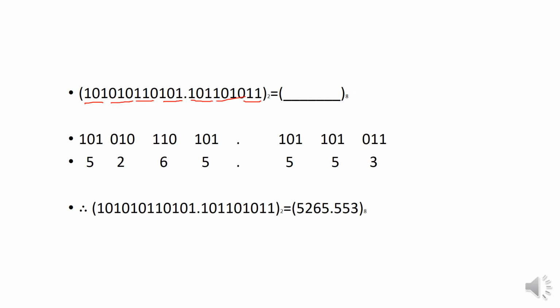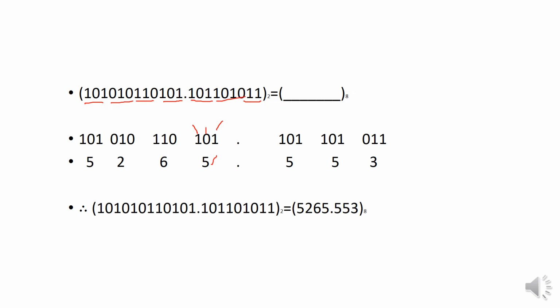So first is 2 to the power 0, 2 to the power 1, 2 to the power 2. 2 to the power 0 is 1, 2 to the power 1 into 0 plus 2 squared is 4, 4 plus 1 is 5.